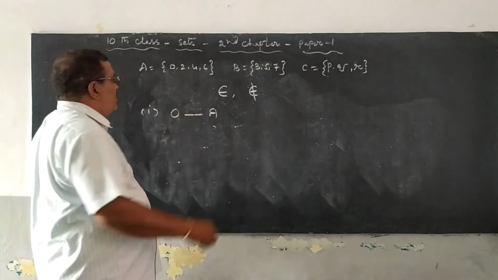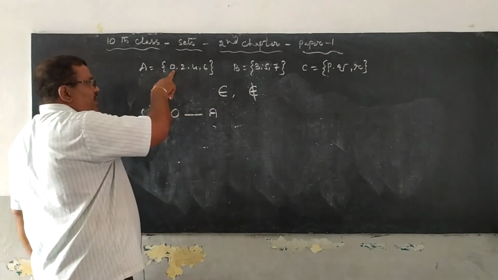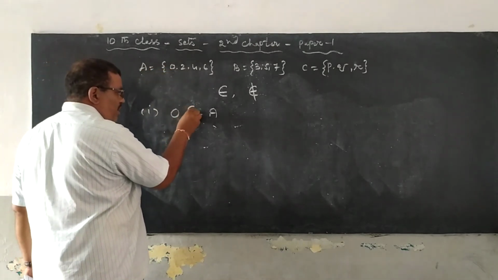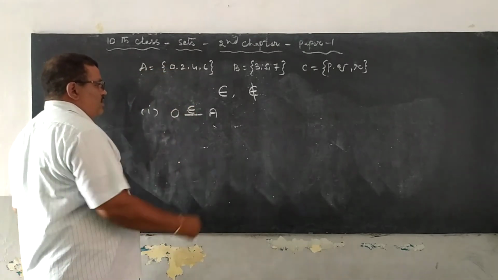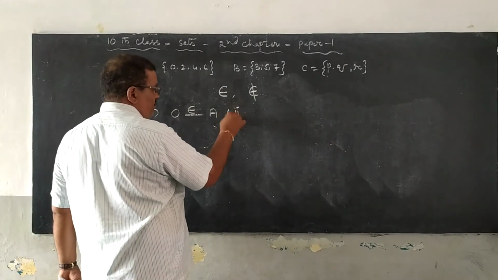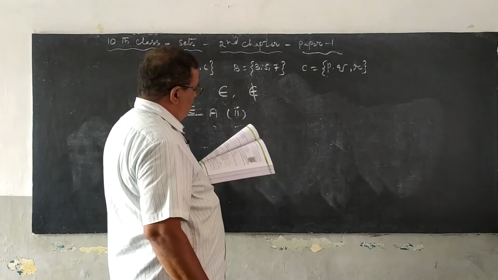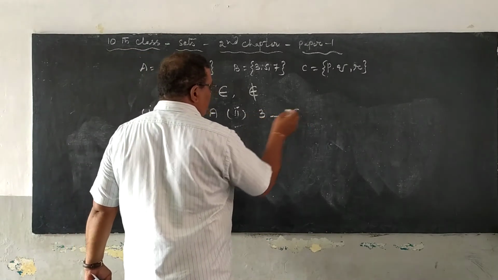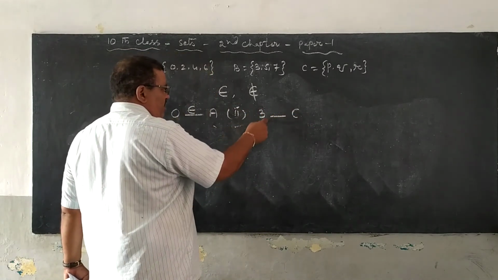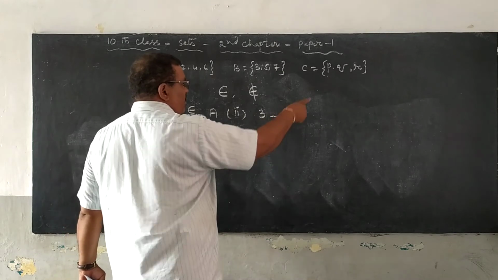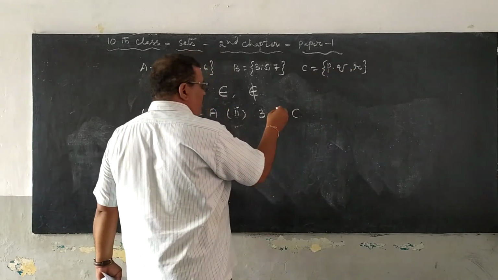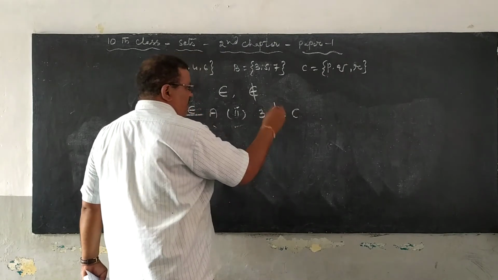We have to check. Clearly 0 is a member of set A, so 0 belongs to A. The second question is 3 and C. Is the element 3 a member of the set C? There is no element 3 in set C, so clearly 3 does not belong to C.